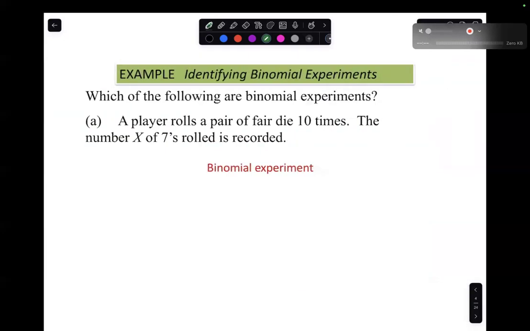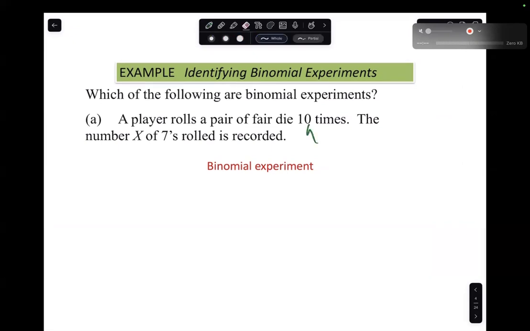Okay. So, oh, see, this isn't supposed to show up. Okay, it's okay. I meant to make it not be here and for us to guess, but it's okay. We already have the answers there. So a player rolls a pair of fair dice 10 times. The number X of sevens rolled is recorded. So I have 10 trials. This is my fixed trials.